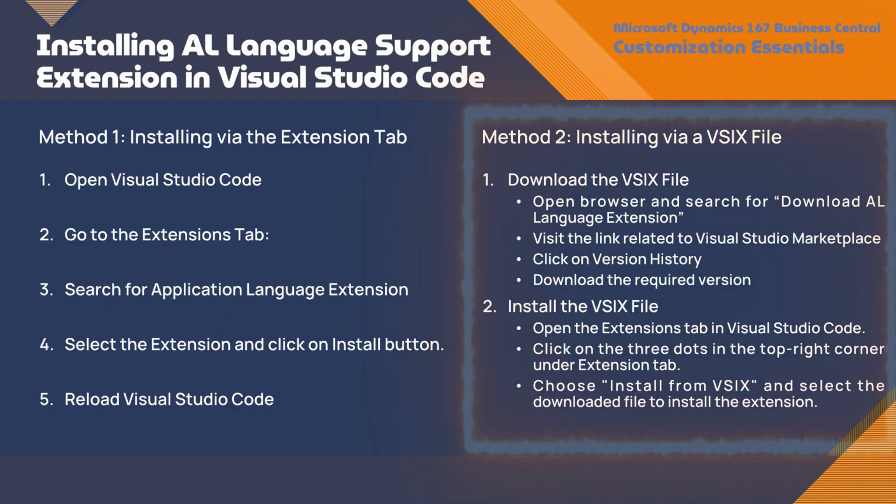Let's look into the second method, installing via a VSIX file. Another way to install the AL language extension is by using a VSIX file, which you can download if you need a specific version.